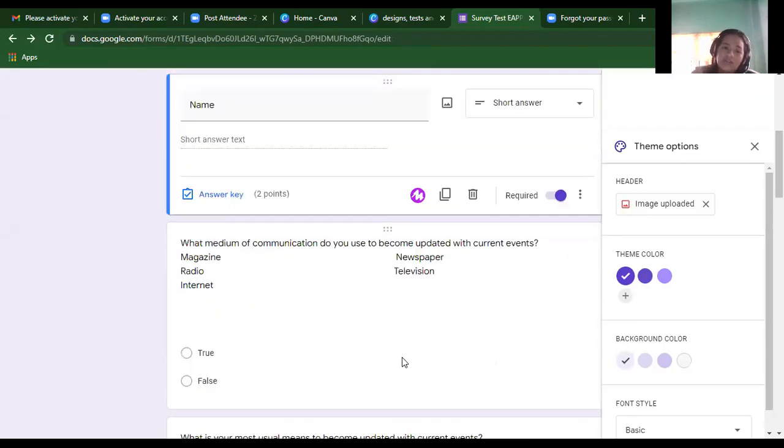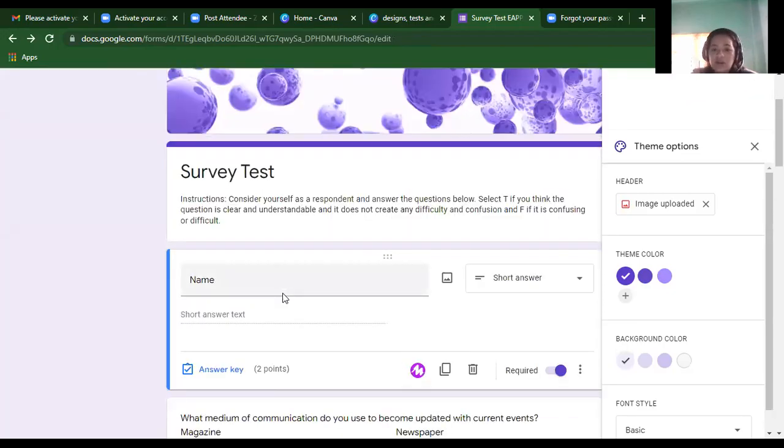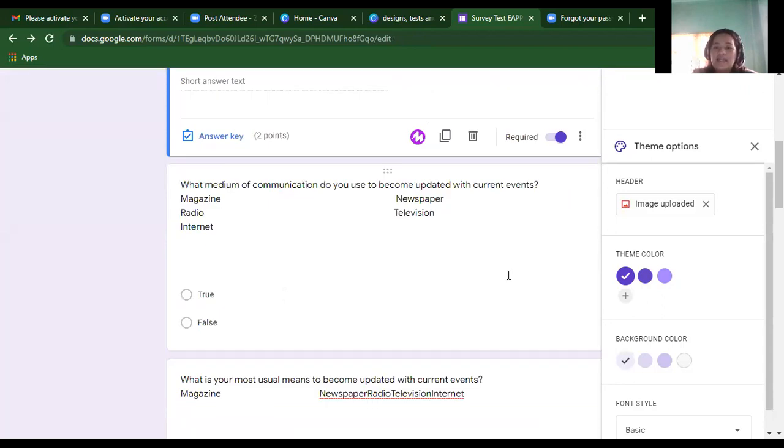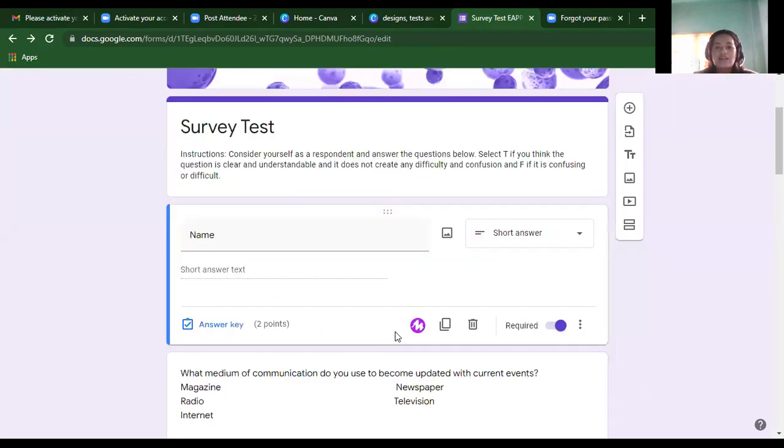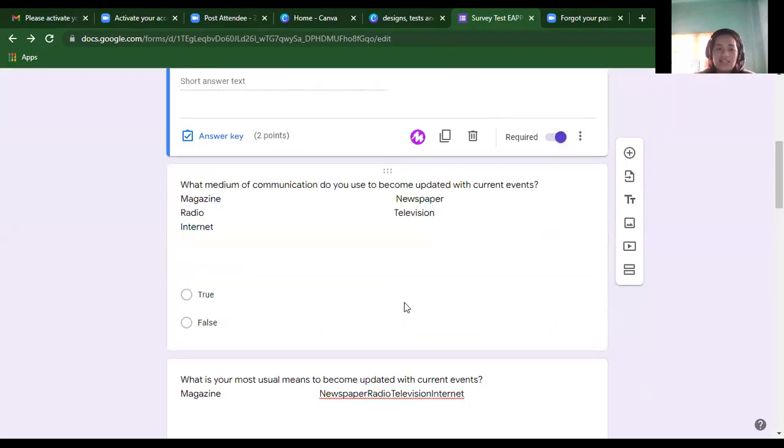Of course, do not forget about writing your name on it. And then later on, let me just hide the other part so that you will see the rest of this survey test. The pre-test for this one is that you only have to choose true or false.